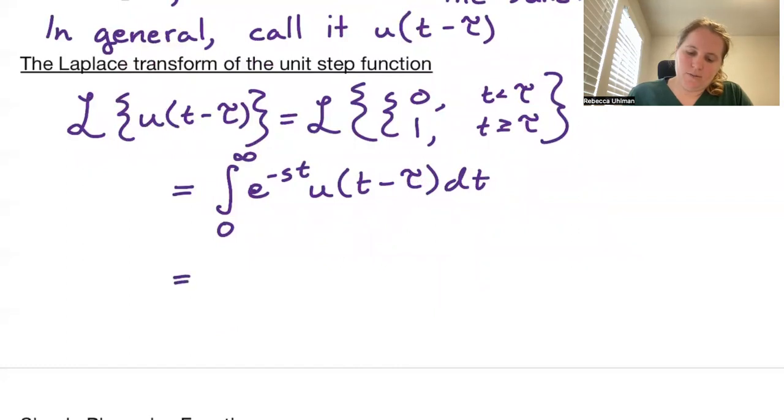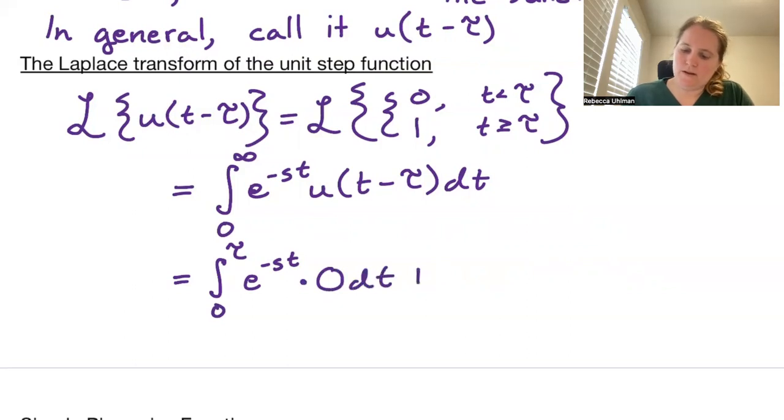or sorry, the integral from 0 to tau of e to the negative st times 0 dt plus the improper integral from tau to infinity of e to the negative st times 1 dt.